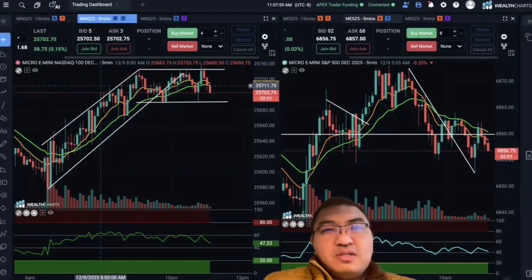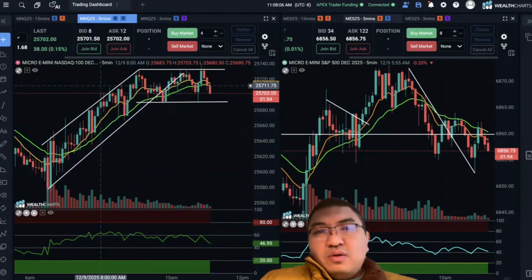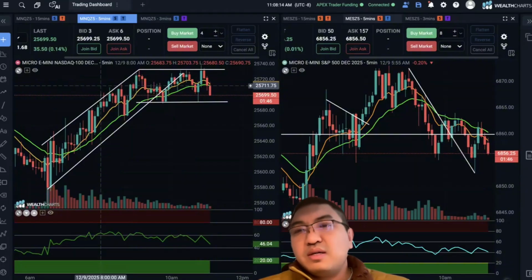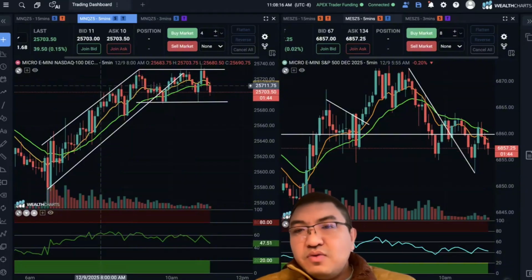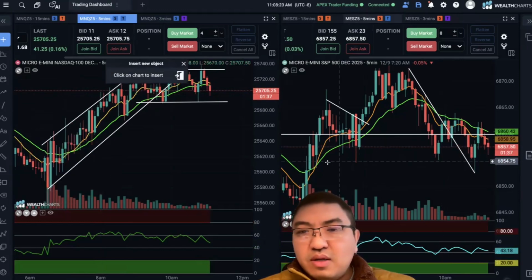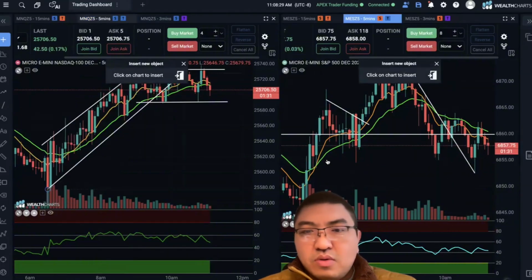Well, NQ is still sideways. For ES, it's going down, but I'm not sure. Let's see, trend line. So this is the defense. Trend line.